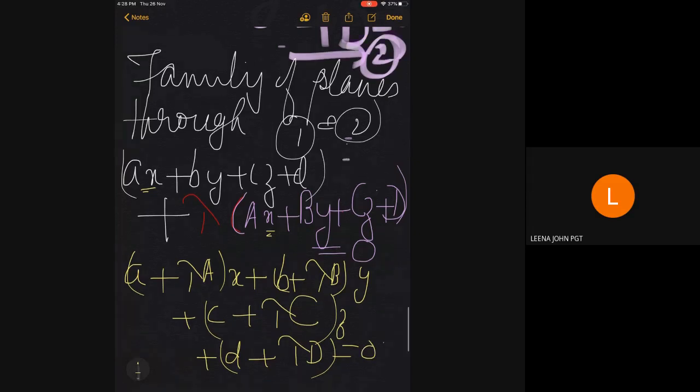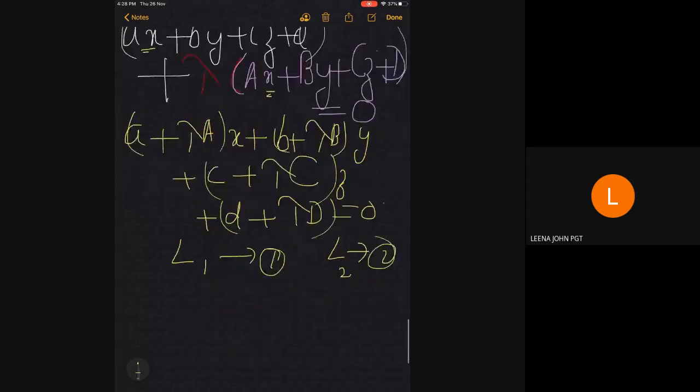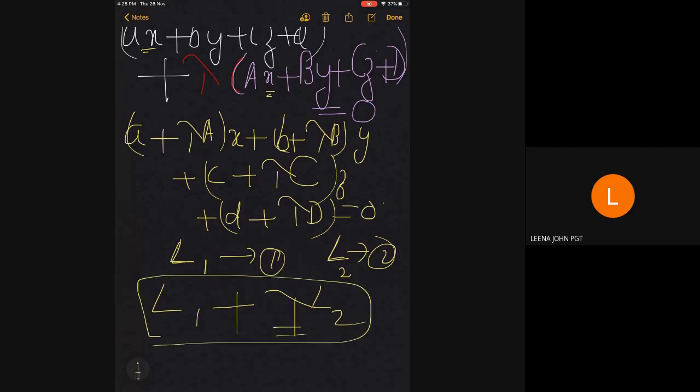In other words, if the first plane is L1 and the second plane is L2, then the family of planes you get is L1 plus lambda times L2 equal to 0. Since you are adding lambda times the second, it is a linear combination of the two equations. That is an easy way to remember this.